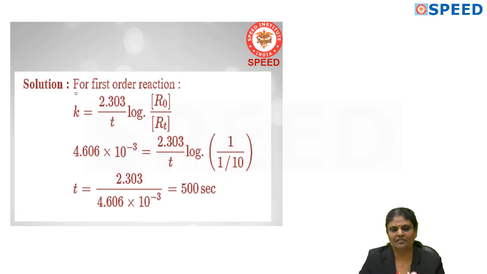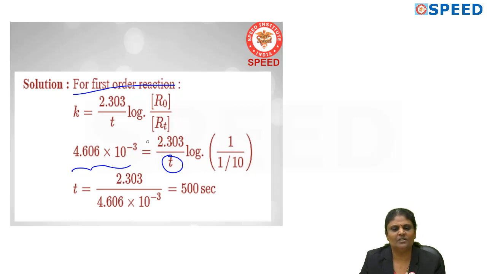So this is for first order reaction. So this is the formula. K is equal to 2.303 divided by t log R naught divided by R t. Okay, here the rate constant is given in your question paper. 2.303, this is the numerical part only, already in the formula t. So you have to find this t only. Okay, so log 1 divided by 1 by 10.